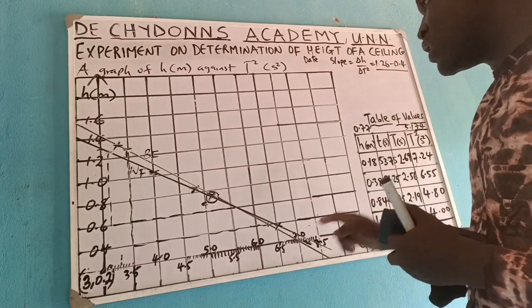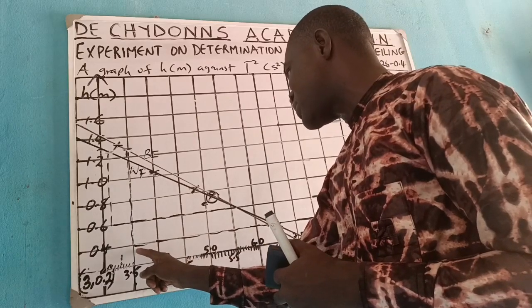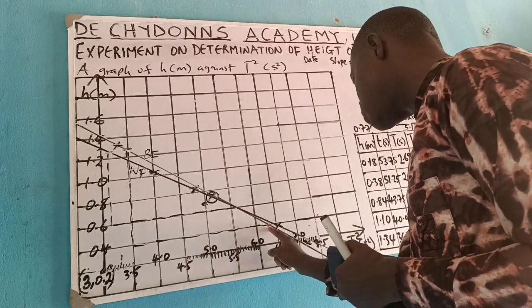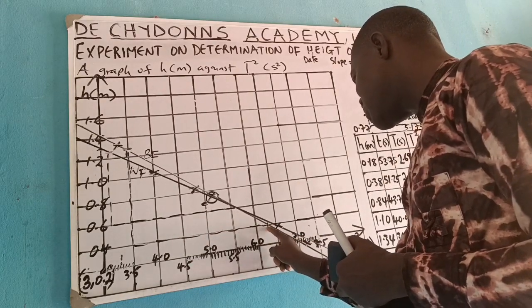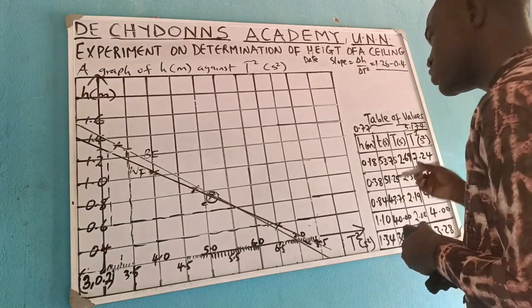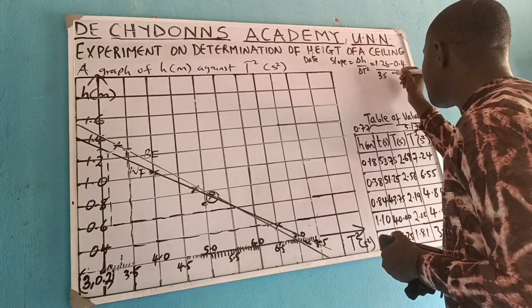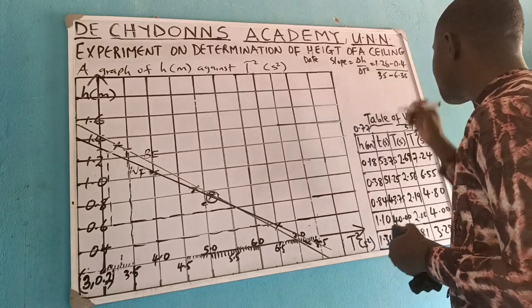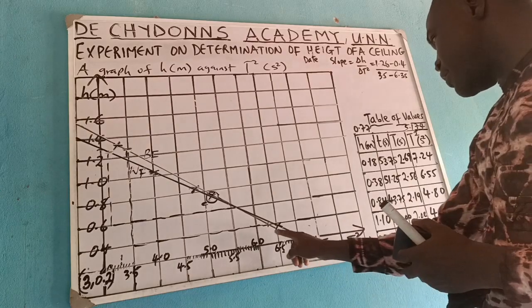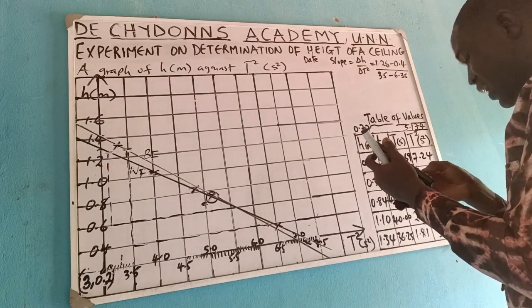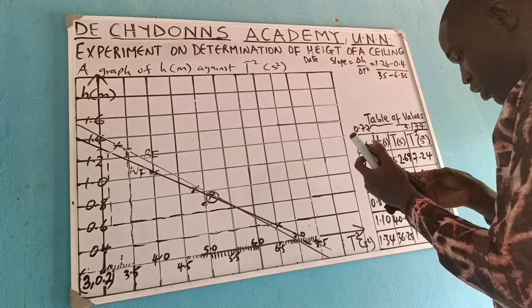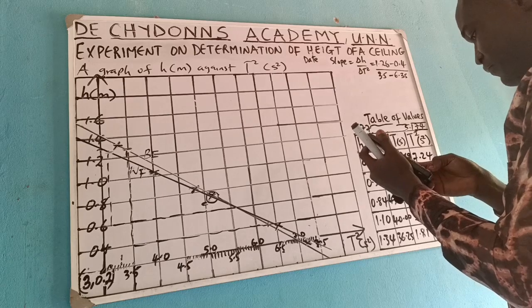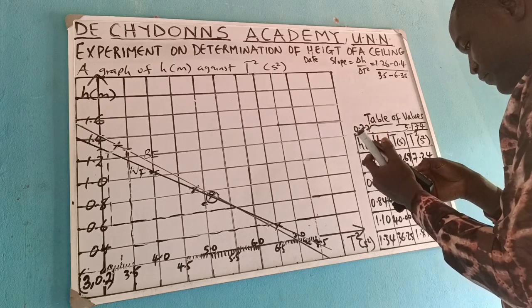Then for the horizontal aspect, this is about 3.5, and what? 6 point what? 6.35. 3.5 minus 6.35 here.